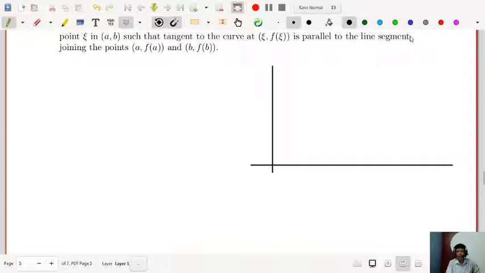Okay, so you have a curve. This is the curve y equal to f(x), right?